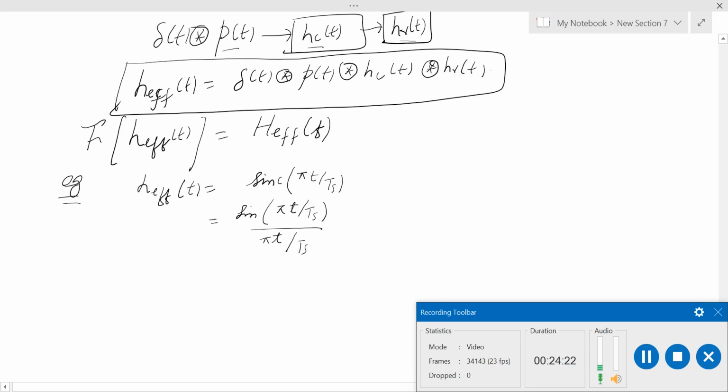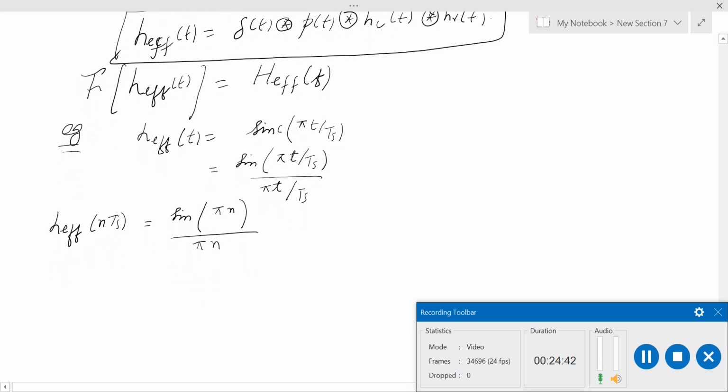Okay, now if you sample it, what will be h effective of nTs? That will be sine of pi n, since Ts and Ts will cancel, divided by pi n.